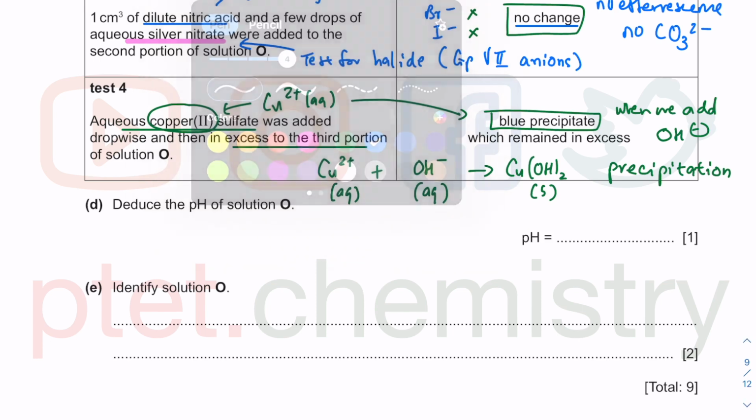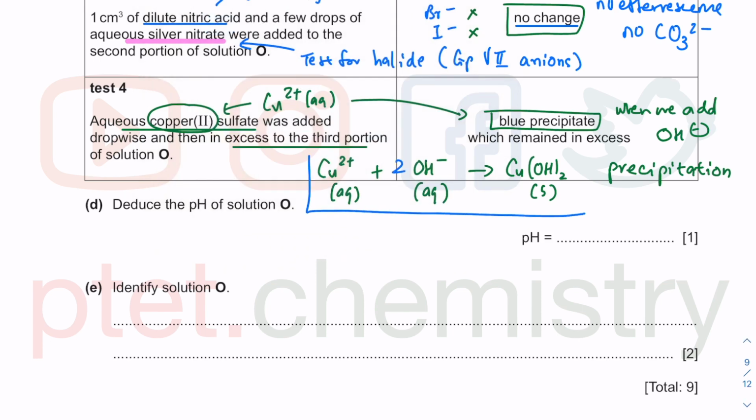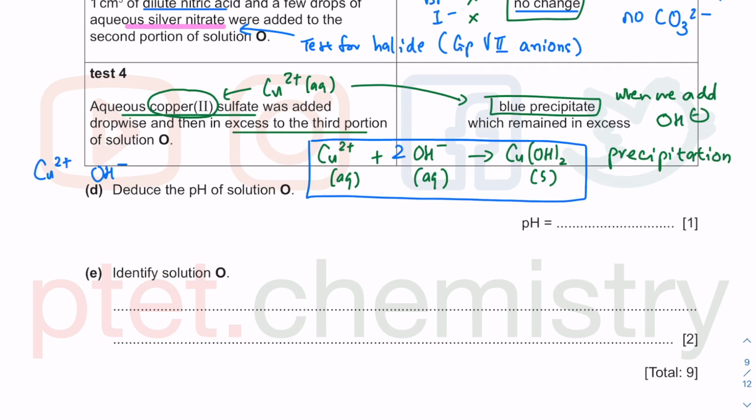We must balance our equation. This is 1 of the copper 2 plus and 2 of the OH minus, as you would have known from chemical formulation. This is OH minus from the hydroxide ion. 2 and 1, exchange of the valency, and then you're going to get 1 of the Cu2 plus and 2 of the OH minus, Cu(OH)2.